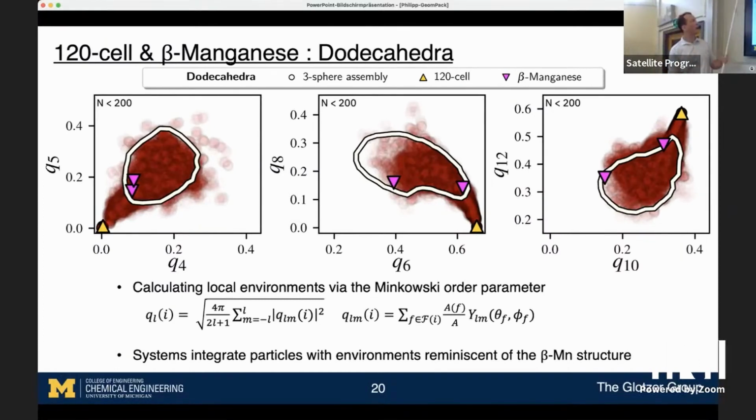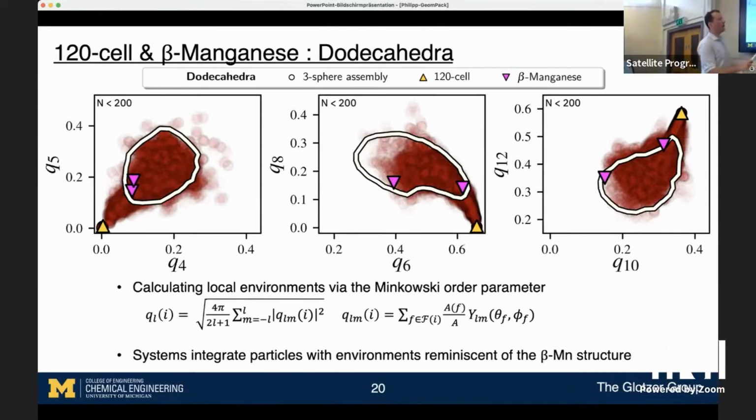And here I have simulations with fewer than 200 particles, and this is for the dodecahedra, which forms the 120 cell tessellation. So you deviate only a small amount from the ideal curvature. What you can see is that many of the particles still occupy the perfect 120 cell environment up here.